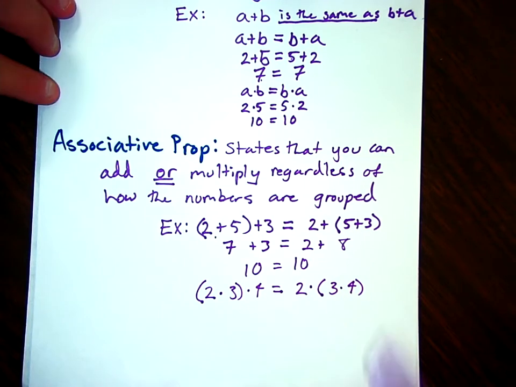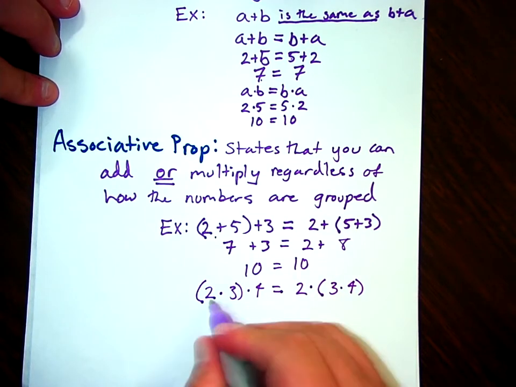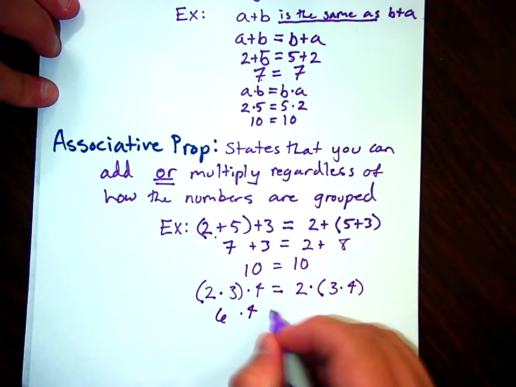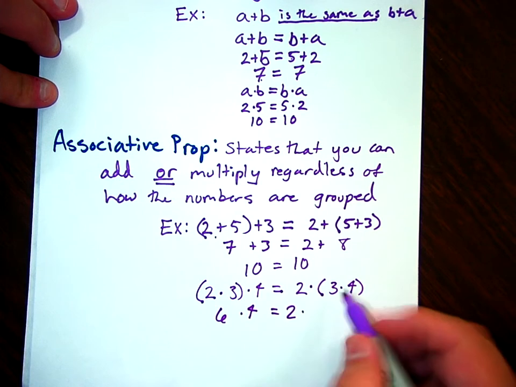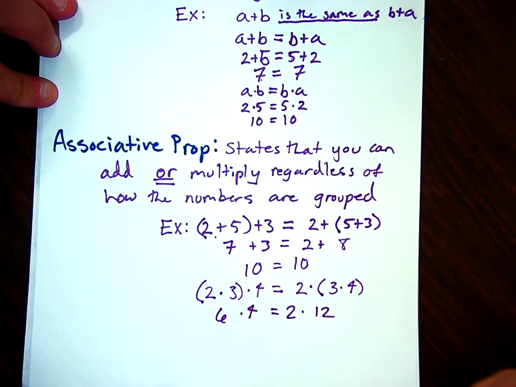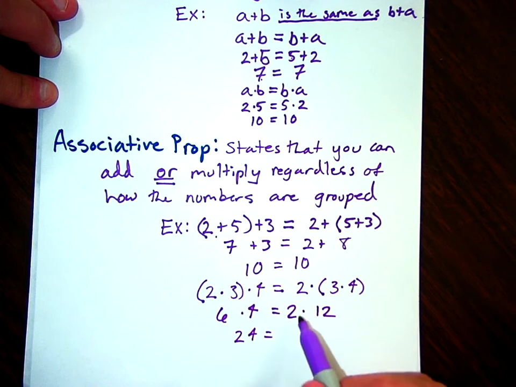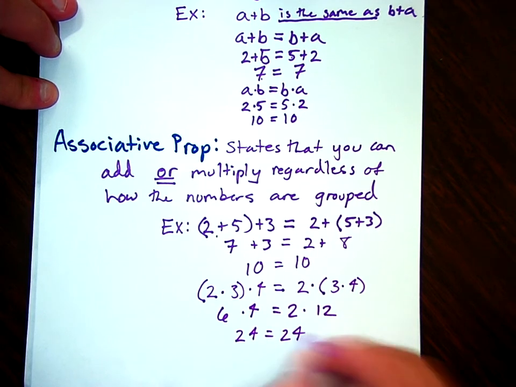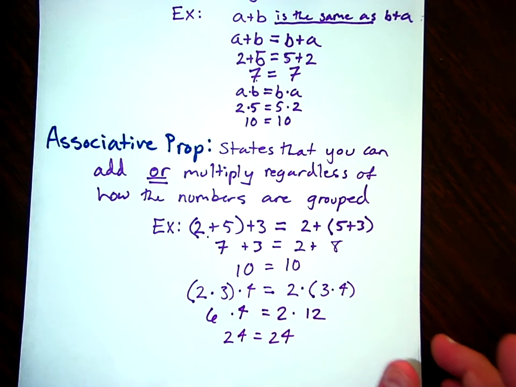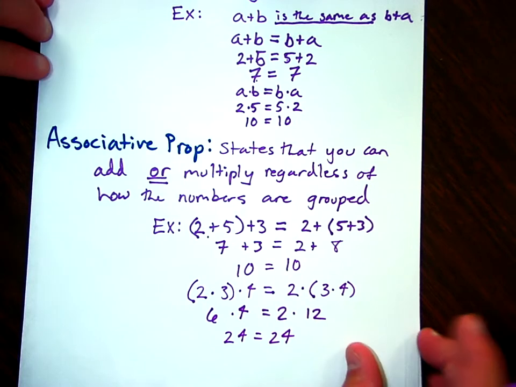Okay, and let's check it out. 2 times 3 is 6, and we're going to have a times 4 left. And then 2 times, and 3 times 4 is 12. On the left-hand side, 6 times 4, 24. And on the right-hand side, 2 times 12, 24. So the associative property does indeed hold for multiplication.